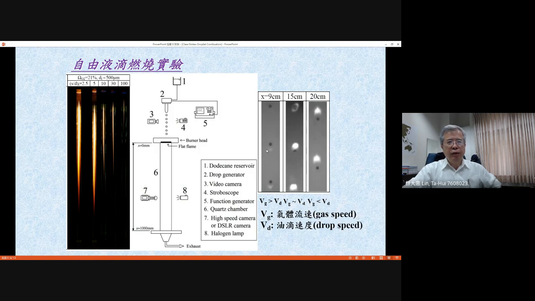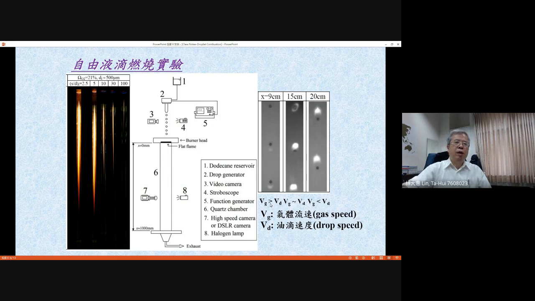Then you can see the flame surrounds the droplets with a ball shape, but the flame length in front of the droplet is longer, right? You can figure out why, because the Vg, the gas speed, is higher than droplet speed.